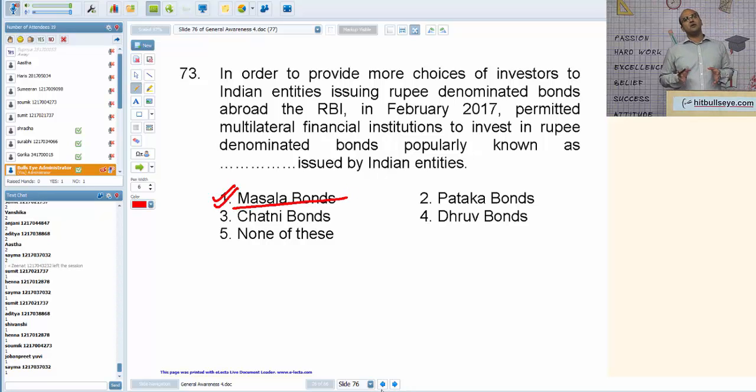Any company who wants to raise money from foreign markets can issue bonds. Earlier these bonds would be issued in the local currency, but now such bonds can be issued in Indian rupees also. So the bonds which can be issued by Indian companies abroad in rupee terms are known as masala bonds.